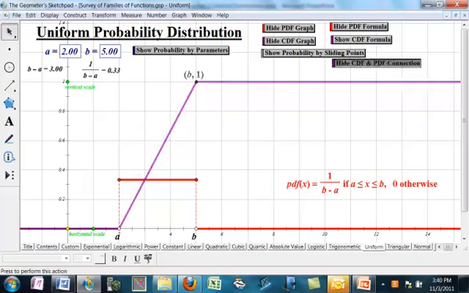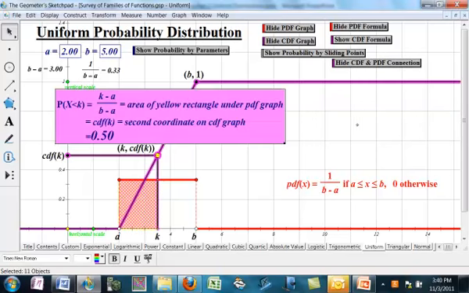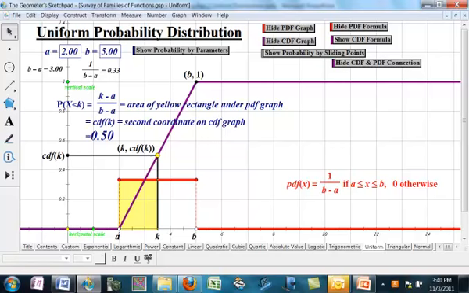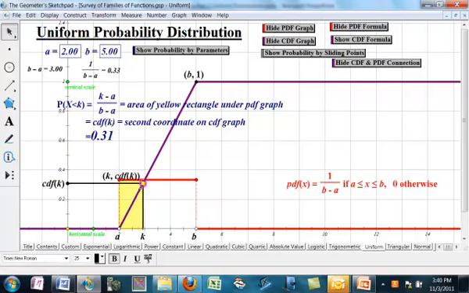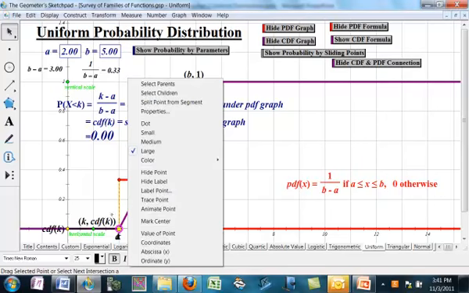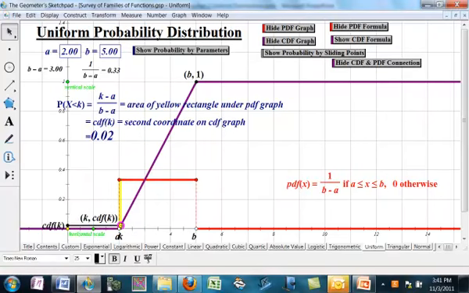So remember that what we want to do is take this and figure out areas. So notice as I'm over here to the left of this, the probability is 0. But as I get to A, the probability is still 0 at A. But if I go a little bit to the right, notice what's happening.